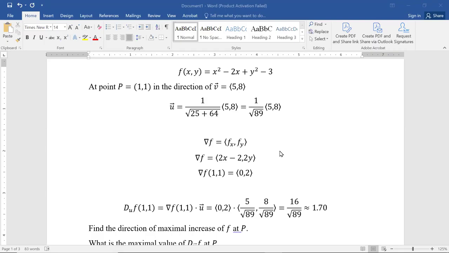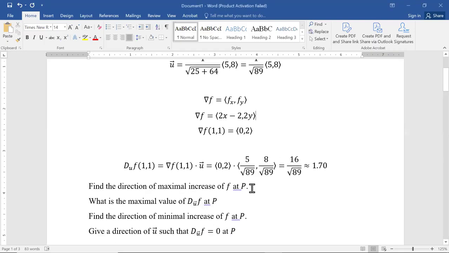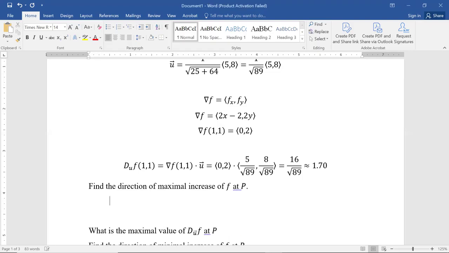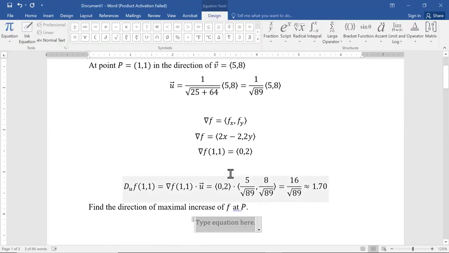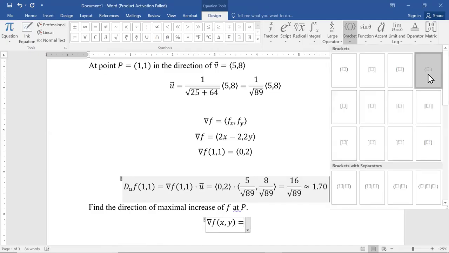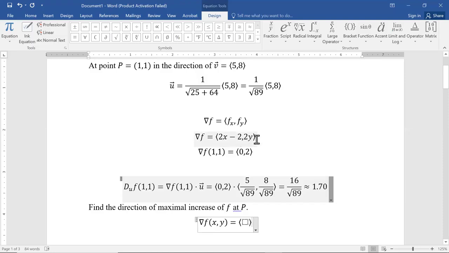So if I want to find the direction of maximal increase, well, the direction of maximal increase is going to be in the direction of our gradient at the point 1, 1. We've already found the gradient, upside down delta of f. That was 2x minus 2 comma 2y.